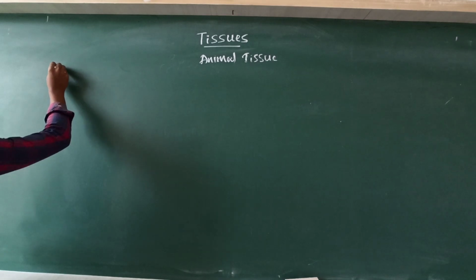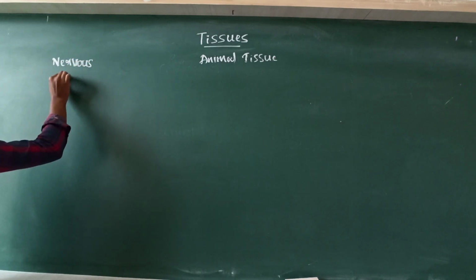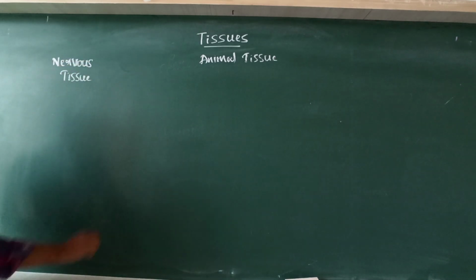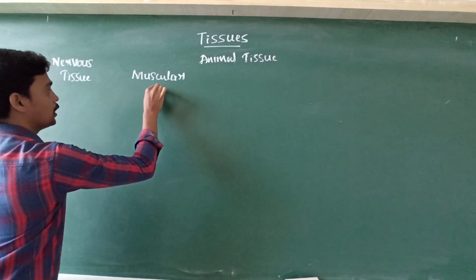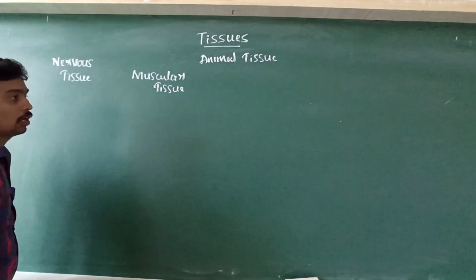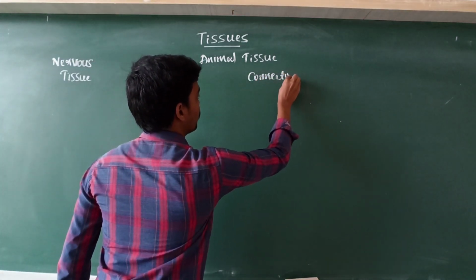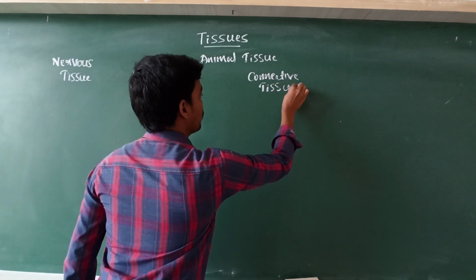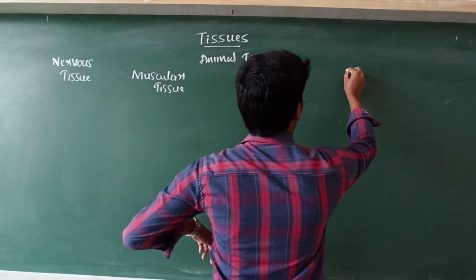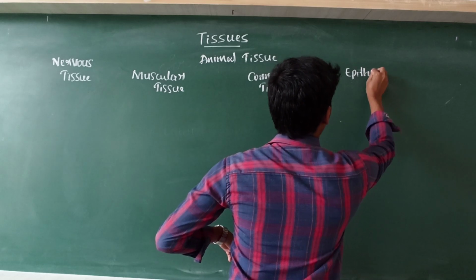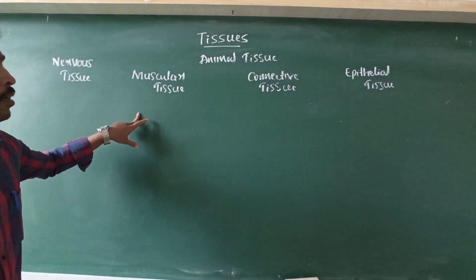The first one is nervous tissue, the next one is muscular tissue, then connective tissue, and next, epithelial tissue. These are the types of animal tissue.